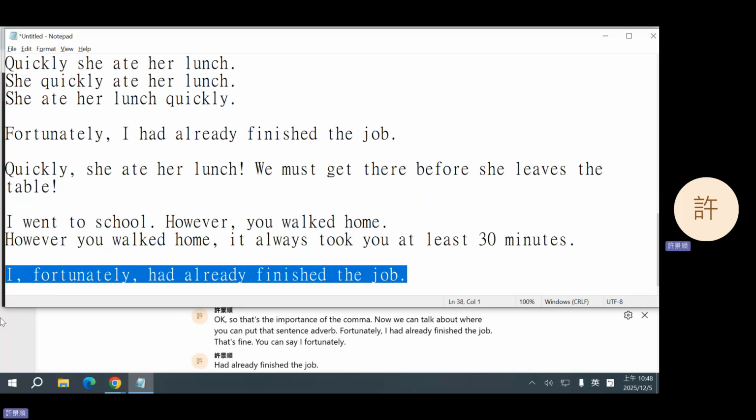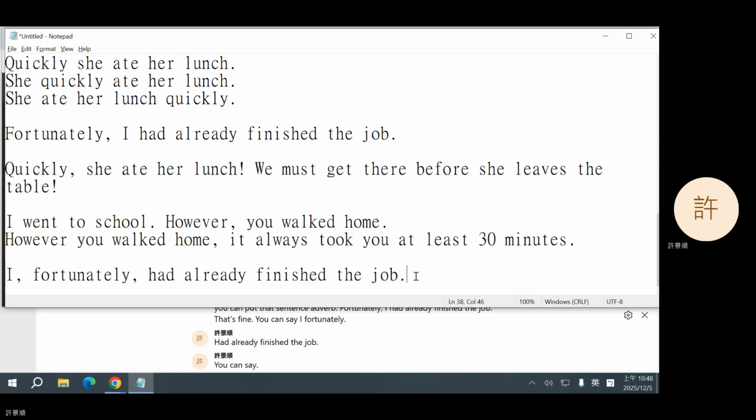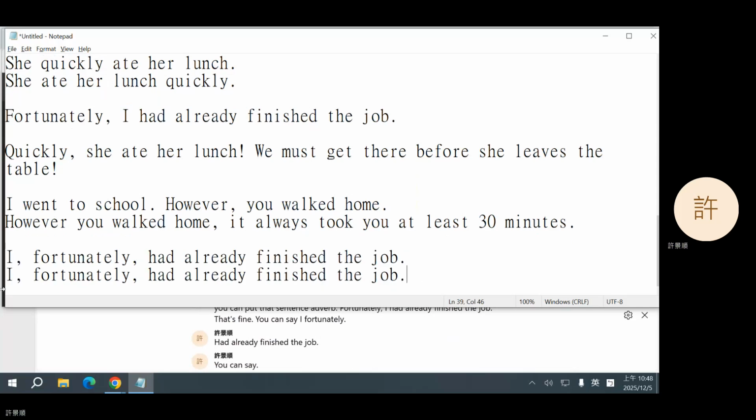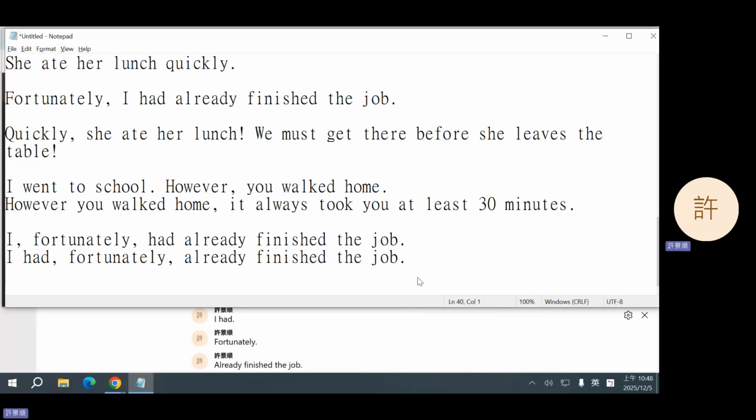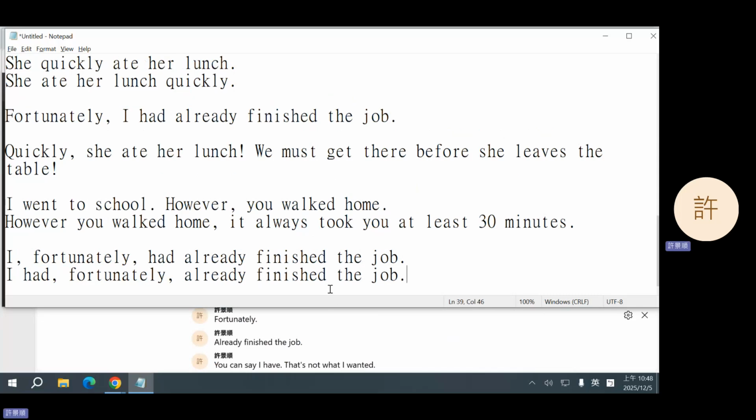You can say, I had, fortunately, already finished the job. Okay, so the only place you cannot put this fortunately is somewhere here.